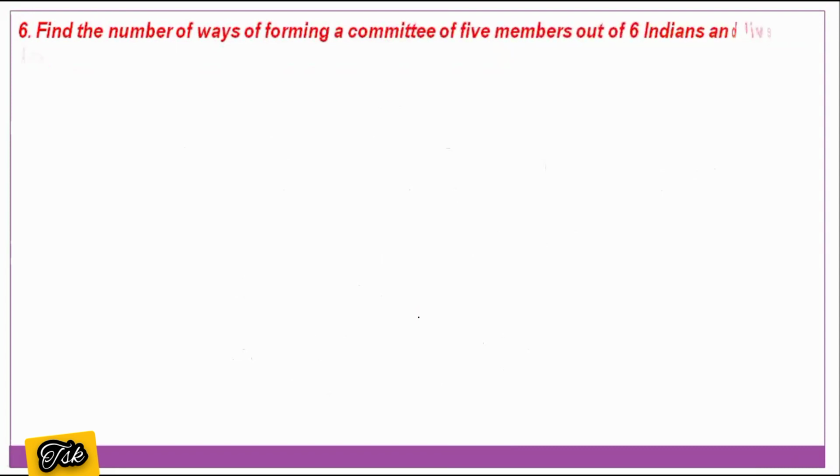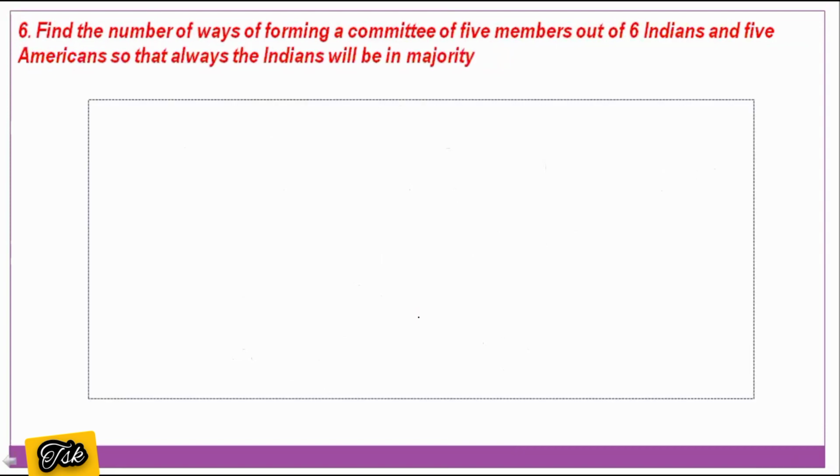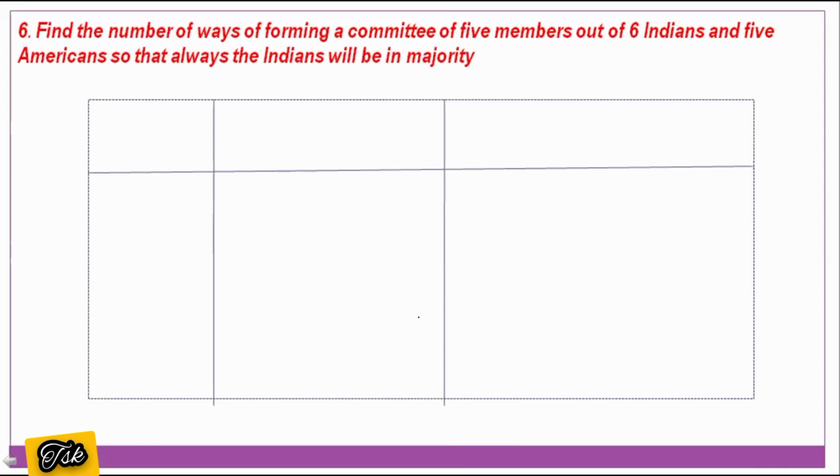Next one: find the number of ways of forming a committee of 5 members out of 6 Indians and 5 Americans, such that the Indians will always be in majority. Taking a tabular column, the first column is Indians, then Americans, then number of ways of selecting.